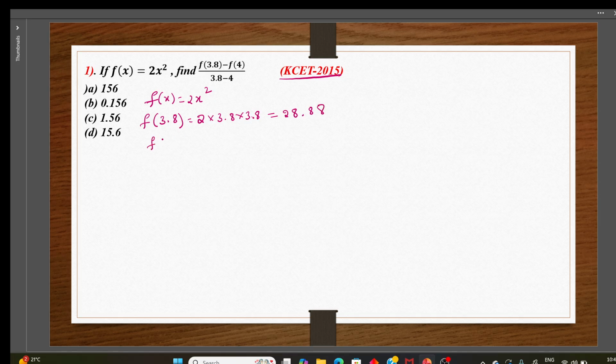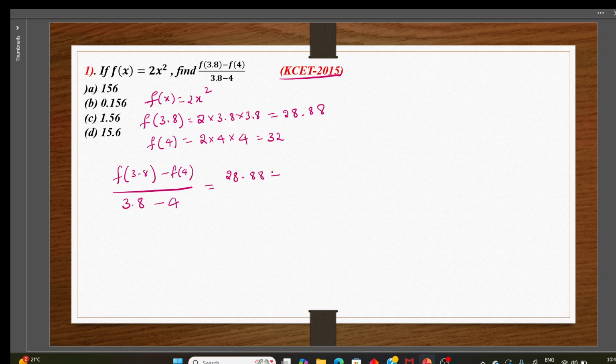Same as find f of 4. So f of 4 means 2 into 4 into 4. We get 4 4s are 16, 16 twos are 32. Now substitute in f of 3.8 minus f of 4 by 3.8 minus 4: we get 28.88 minus 32 by minus 0.2.